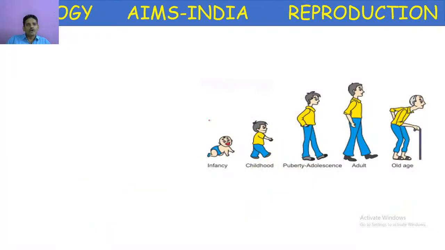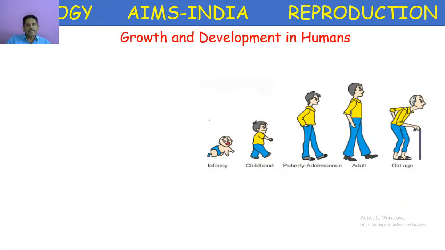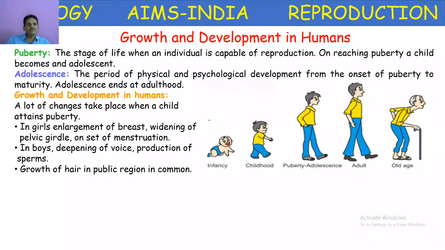Next, growth and development in humans. Let us see. In humans, the puberty stage is a very important stage in the life of a human being. The stage of life when an individual is capable of reproduction, reproductive maturity, is called puberty.